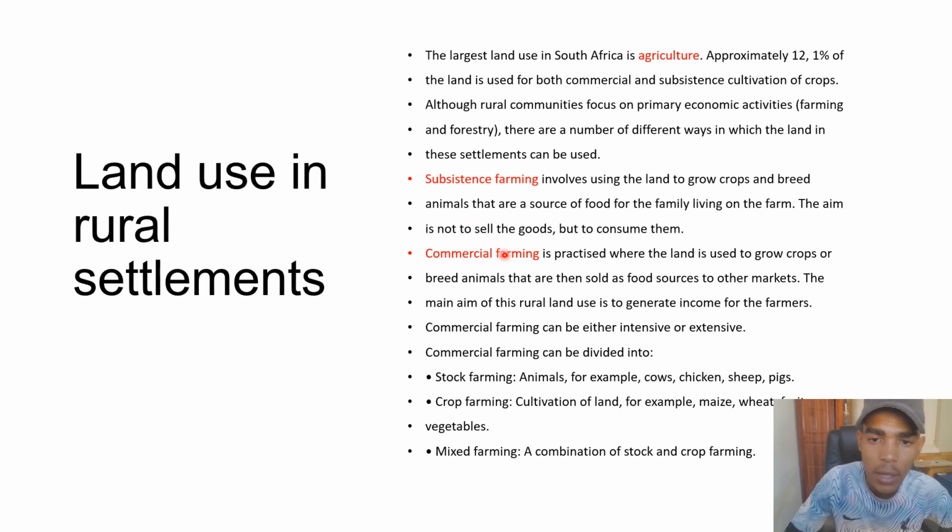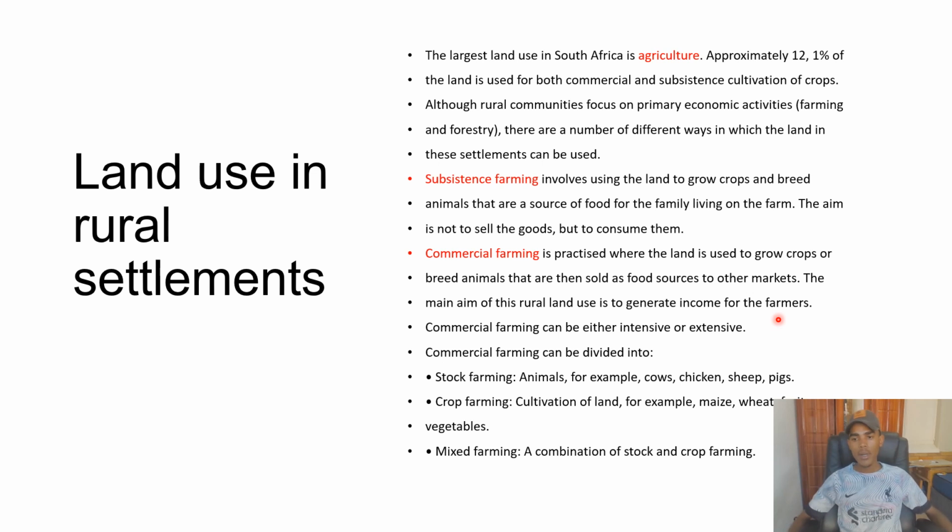So, commercial farming is practiced where the land is used to grow crops or breed animals that are then sold as food sources to other markets. The main aim of this rural land use is to generate income for the farmers. So, we already determined the difference between land use of subsistence and commercial farming.